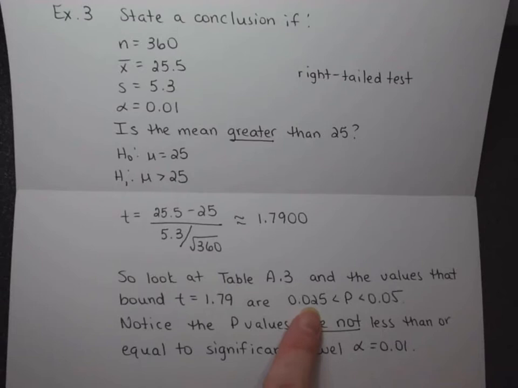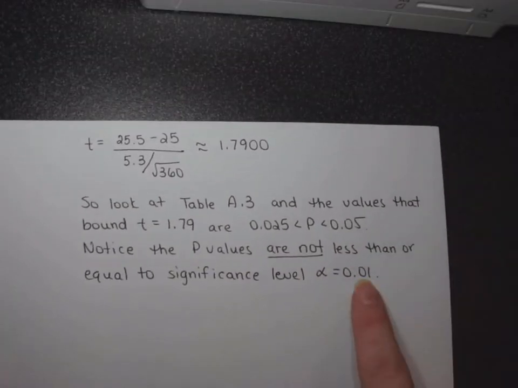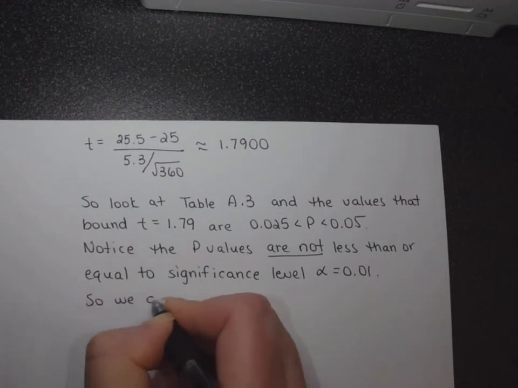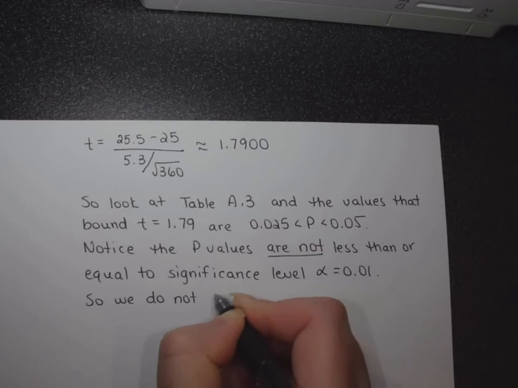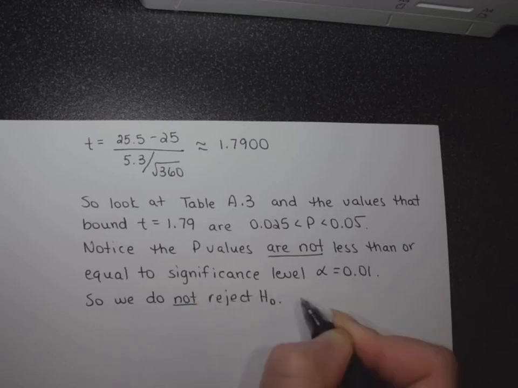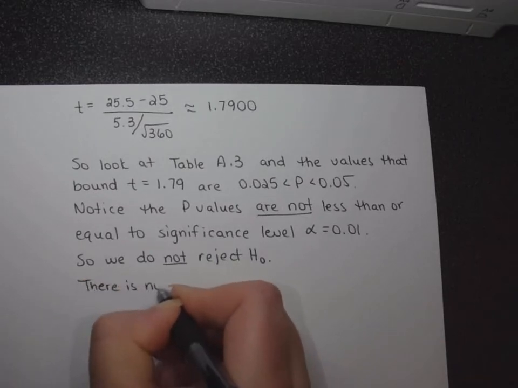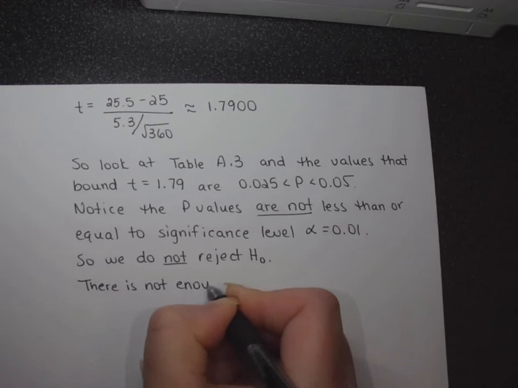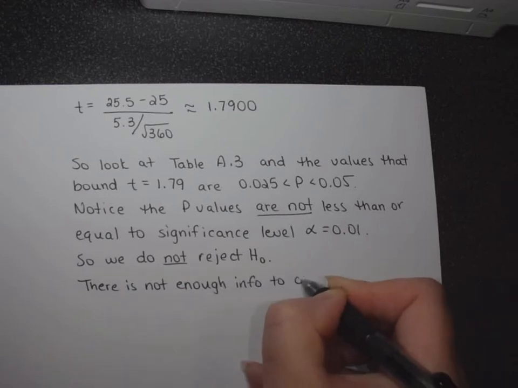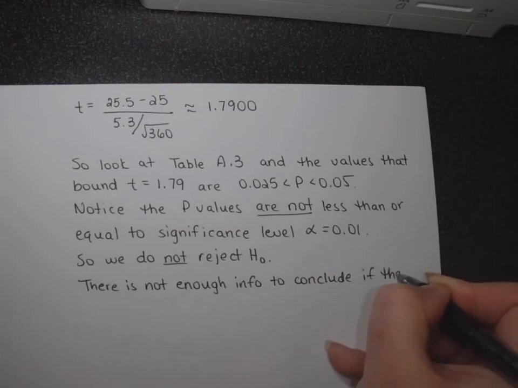Okay, in other words, these values are something in between 2.5% and 5%, which is definitely not less than 1%. So what that means is we do not reject H sub 0. And the conclusion then is that there is not enough info to make a decision, right? There's not enough info to conclude, going back to the original question, if the mean is greater than 25.